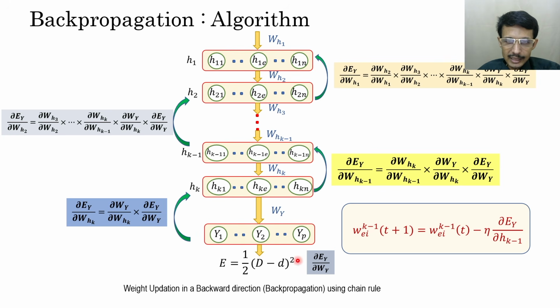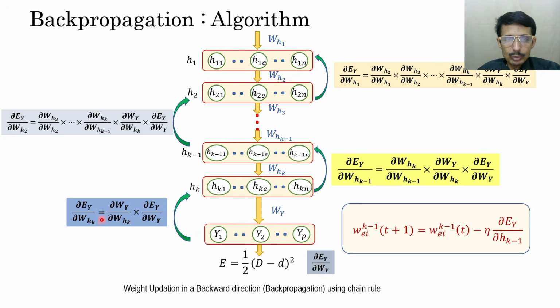Okay? So here these weight gradients are basically calculated at the output layer. Now when we go to the first layer, let's say the HK layer, how is it done? Using the chain rule. But now what do we require?